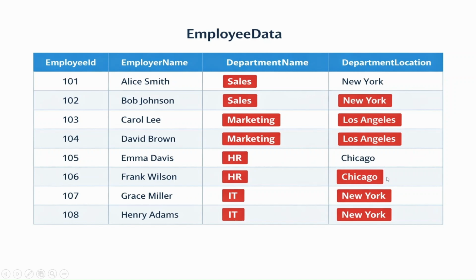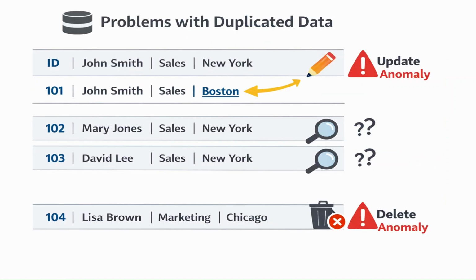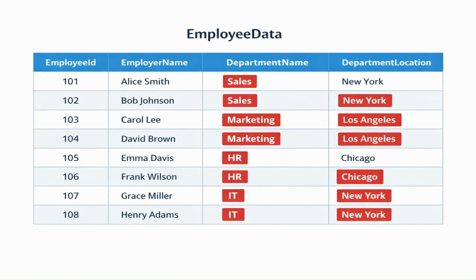For delete, I need to delete this cell and this one. And same for the update, I need to update multiple cells. This one, and this one as well, which is not right. So these are the problems we will end up with if we don't design our table in a proper way.